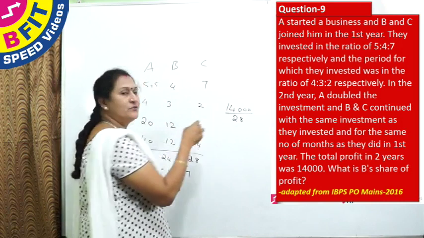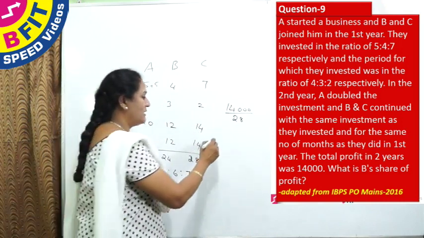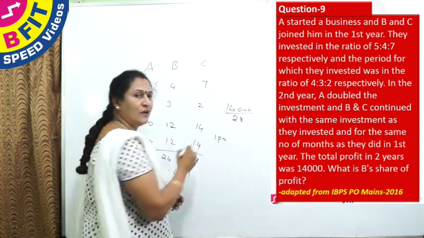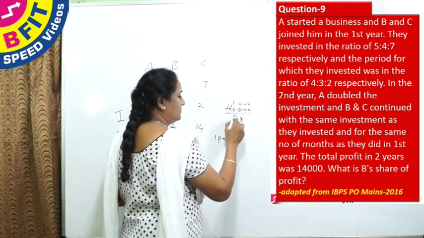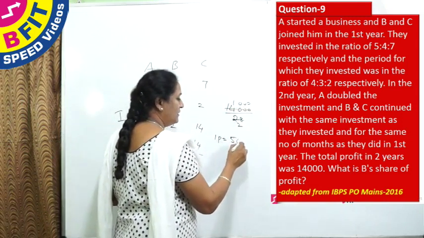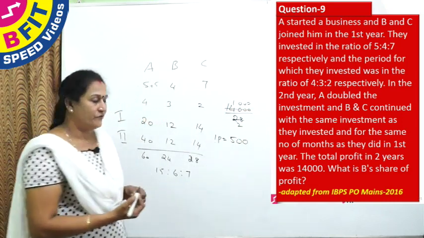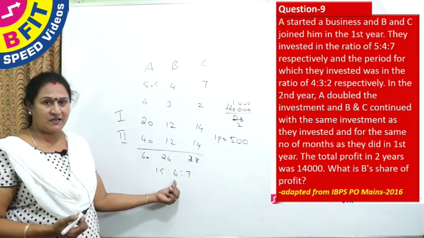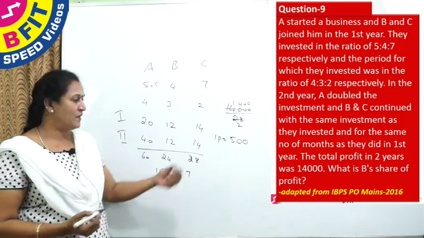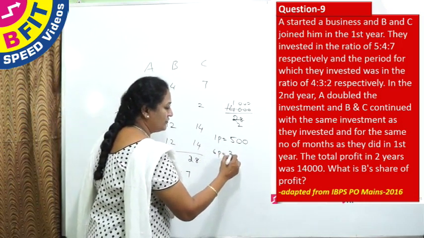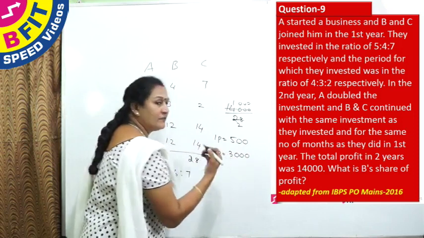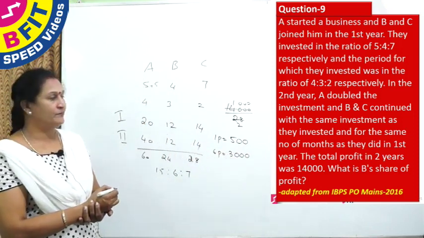So dividing 14,000 by 28 parts, we will get the value of one part. 14,000 divided by 28, what is one part? 500. We need whose share? B's share, which is 6 parts. So one part is 500, B's share is 6 parts. 6 into 500, 3,000 is the answer.